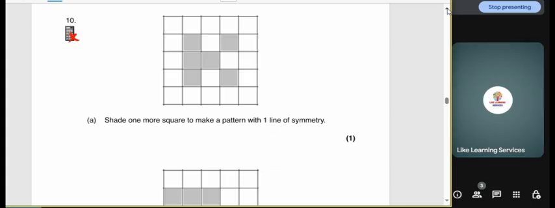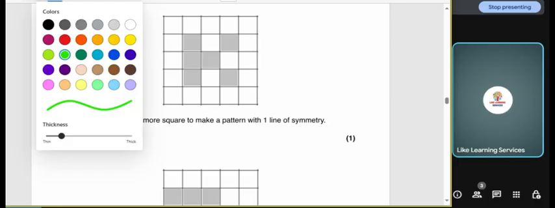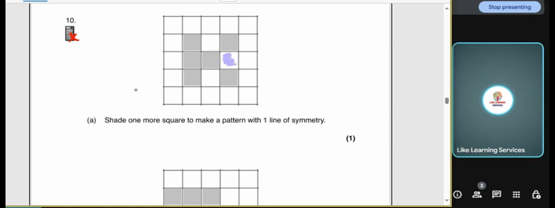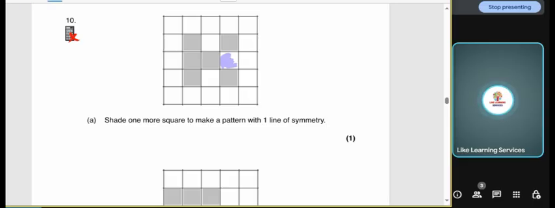It says shade one more grid or one more square to make a pattern with one line of symmetry. Where can we shade? I think this box will be fine. Only one line of symmetry, not 2.